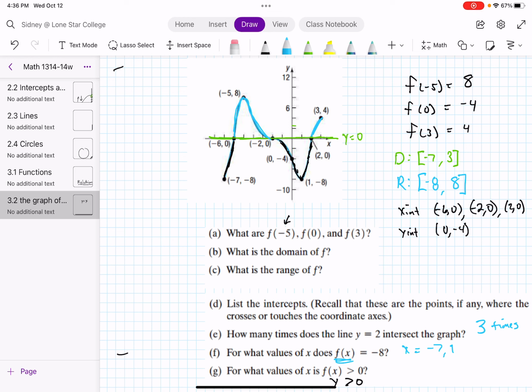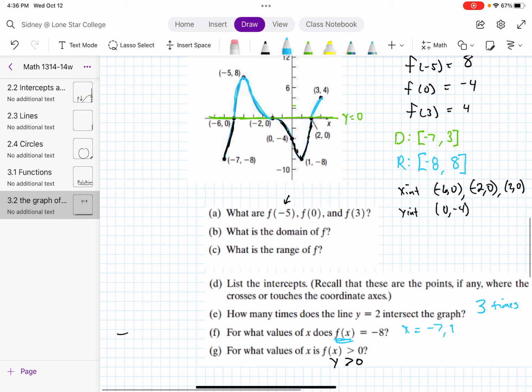Now this says for what x values. So for this moment, I want to know what those x values are. And so I'm looking from this x value right here to this x value. Those are the x values that include all of these y values that are greater than 0. And so this is the point negative 6, 0, and this is the point negative 2, 0.